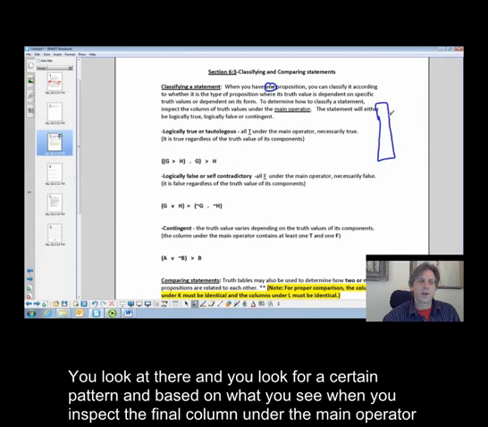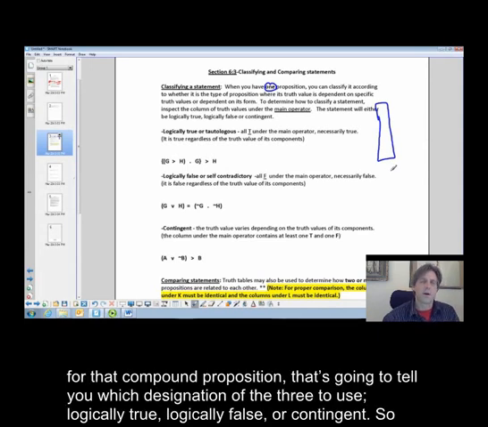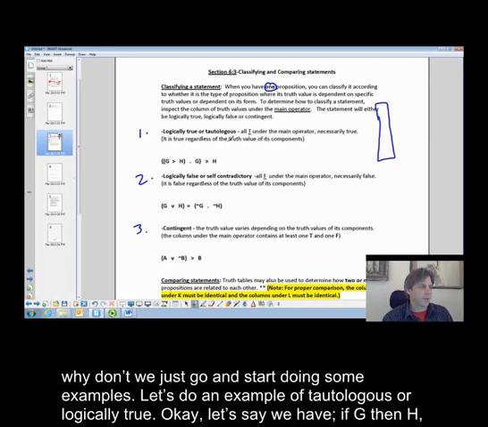You look there for a certain pattern, and based on what you see when you inspect the final column under the main operator for that compound proposition, that's going to tell you which designation of the three to use. Okay? Logically true, logically false, or contingent. Okay? So why don't we just go and start doing some examples.